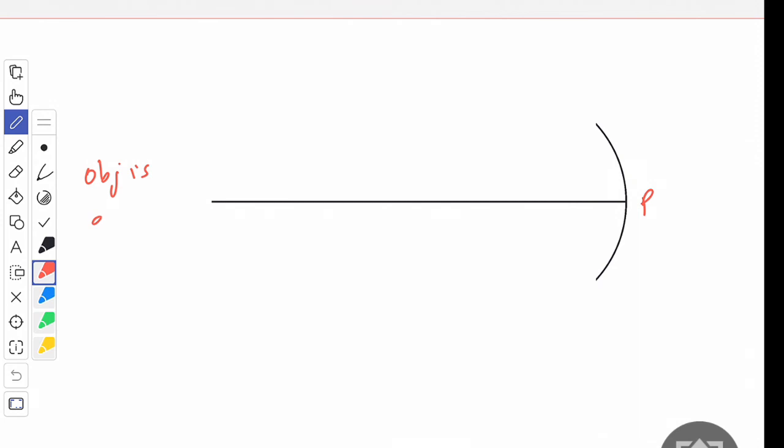Similarly, this ray also would get reflected and come to the same point. In fact, I have drawn only 2 rays. I could have drawn any number of rays, 1, 2, 3, 1 more, 2 more, 3 more here. All of them would get reflected and come to the same point.